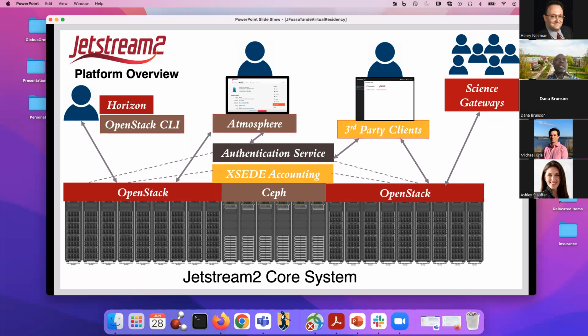It's mostly built as infrastructure as a service, relying on OpenStack, and storage is provided by Ceph. Users can get access in a number of ways: the OpenStack command line, Horizon, or Atmosphere. Authentication uses the ACCESS authentication service and accounting system, and you have access to third-party clients as well as science gateways.